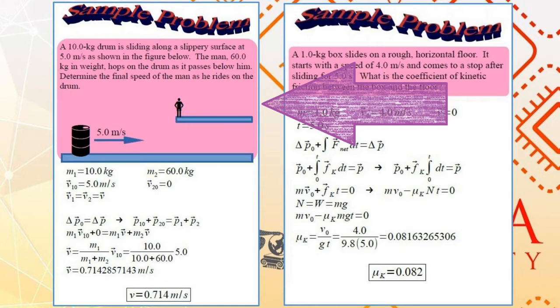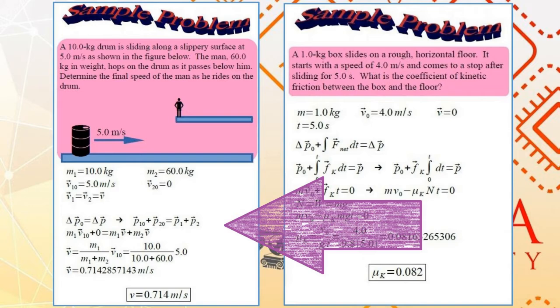A 10-kilogram drum is sliding along a slippery surface at 5 meters per second as shown in the figure. The man standing on a ledge, 60 kilograms in weight, hops on the drum as it passes below him. Determine the final speed of the man as he rides the drum.